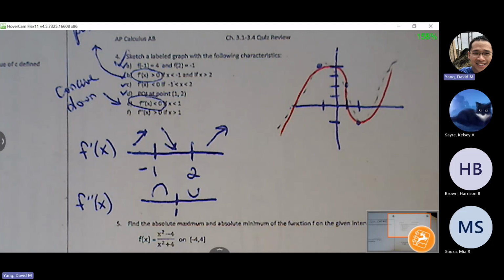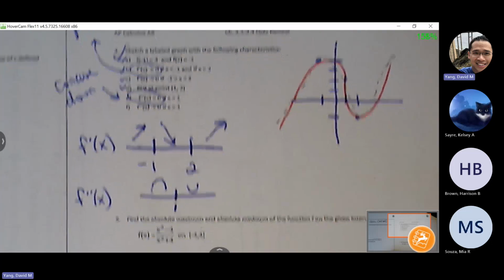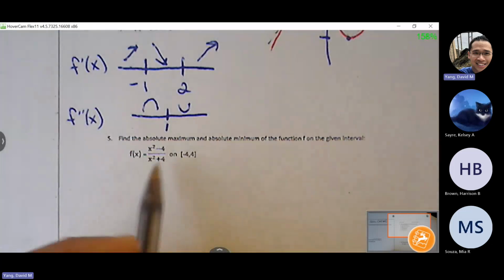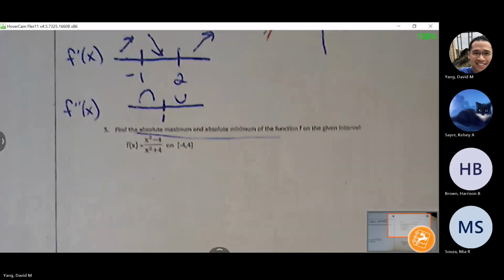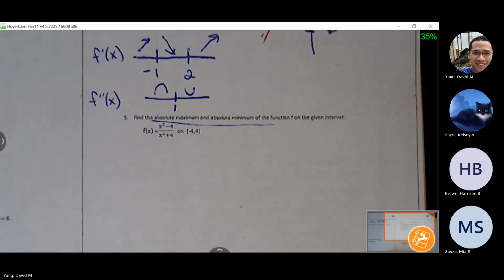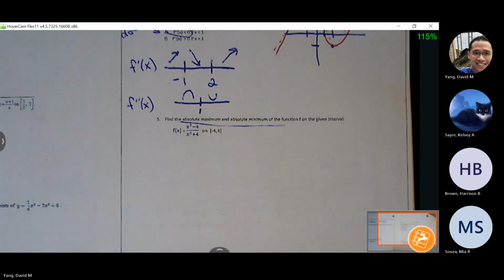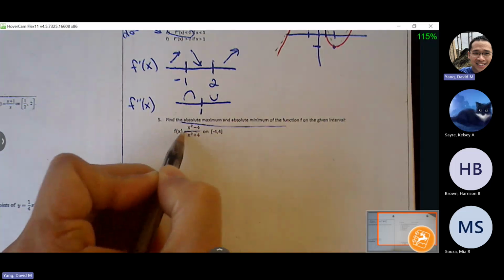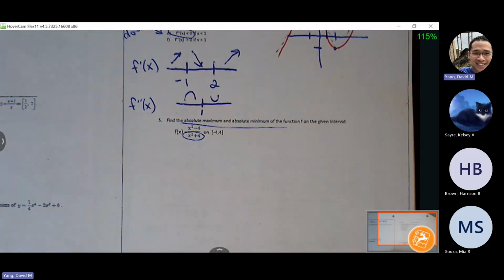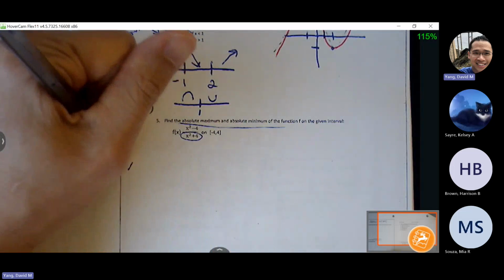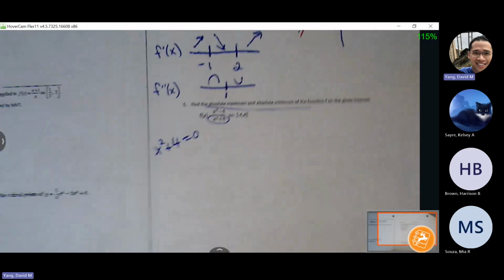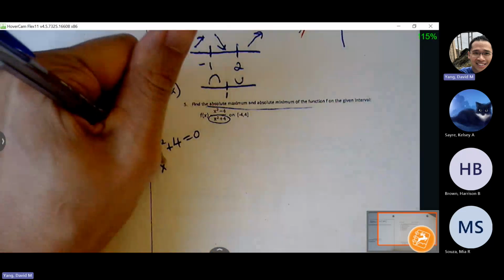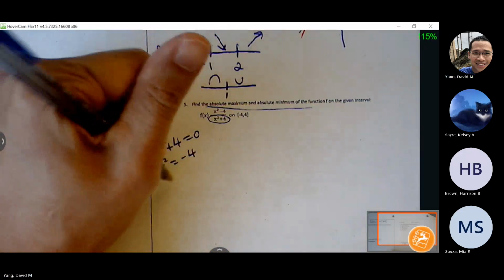Okay, number 5, extreme value theorem, because we're trying to find the absolute max and absolute min. There's only one condition for the extreme value theorem, and what's that? Yeah, just continuity. We look at the fact that there is a denominator, so we have to consider maybe there's a vertical asymptote. So we set x squared plus 4 equal to 0 to see if we can find any vertical asymptotes.